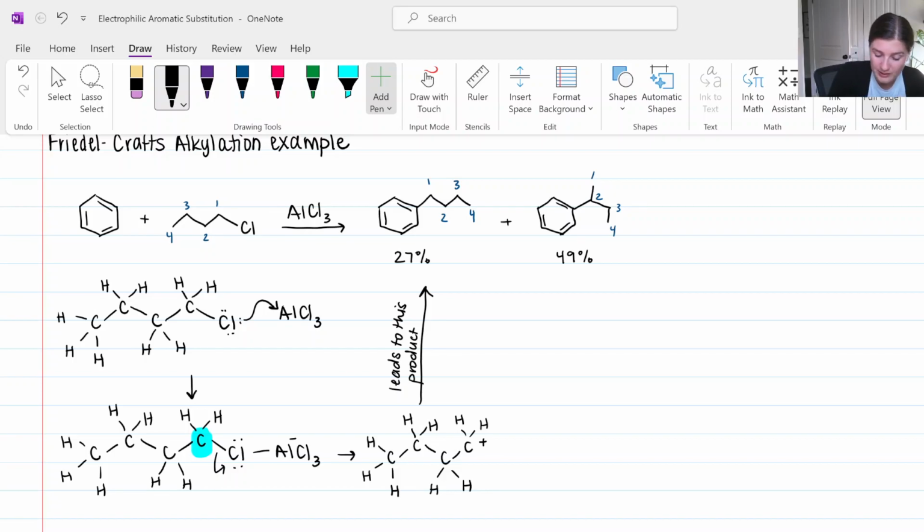But you might notice that this carbocation is a primary carbocation, which is extremely unstable, but we can make it more stable by doing a hydride shift. And if we do a hydride shift, we've now moved the carbocation to be at that second carbon.